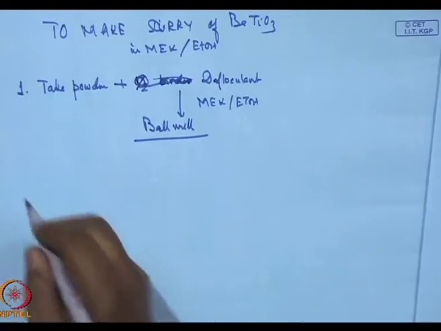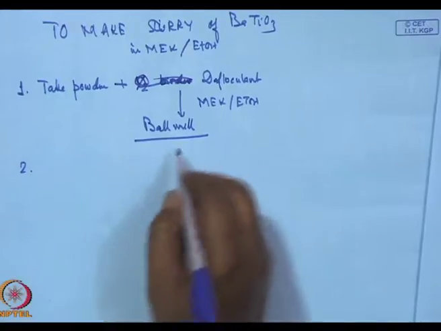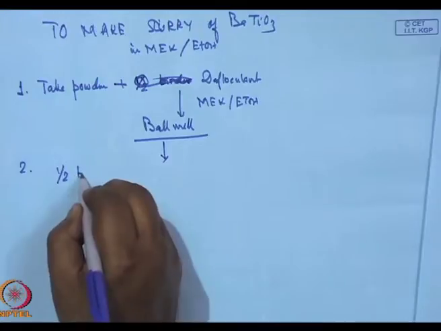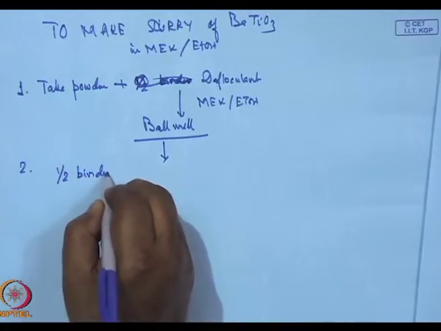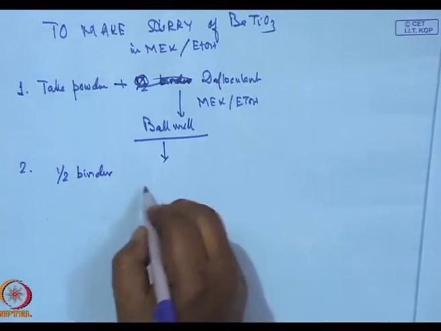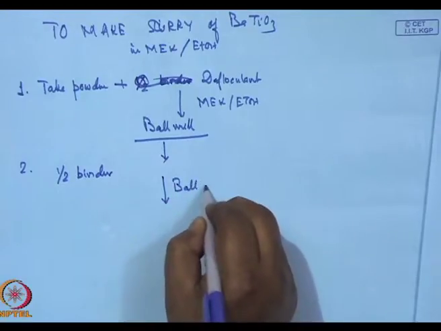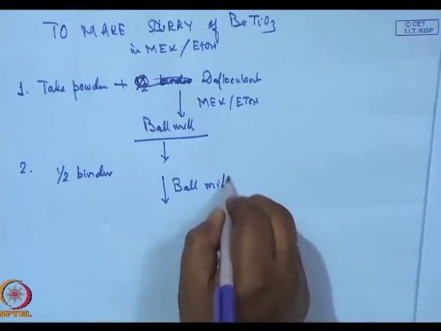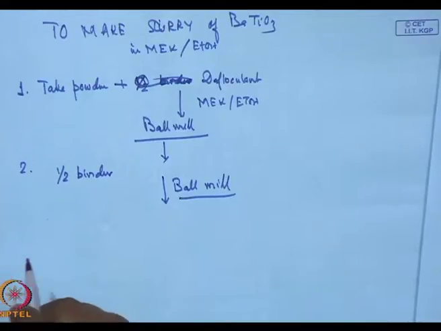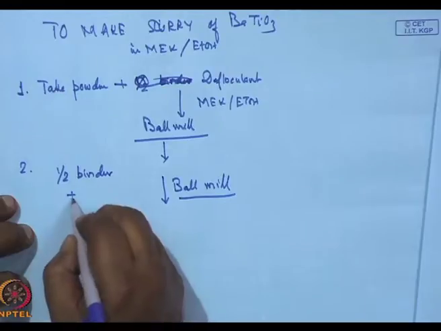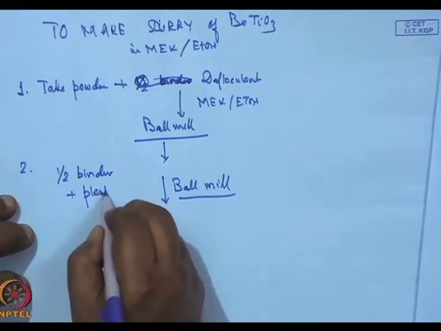In the second step, to this I would add half the binder and ball mill again. Why half the binder? I could have added the full binder, but no, I added only half the binder plus the plasticizer.